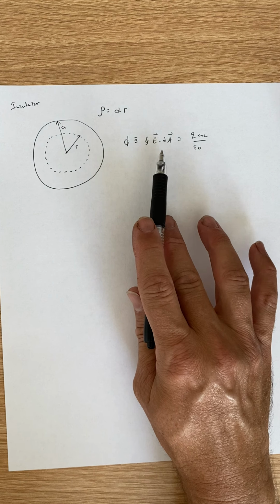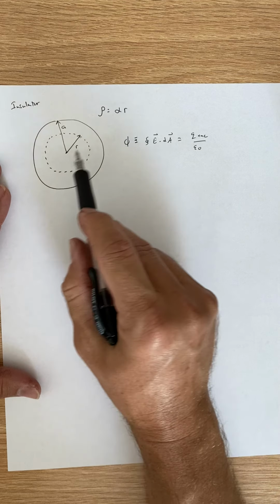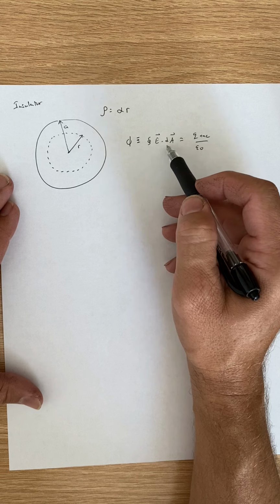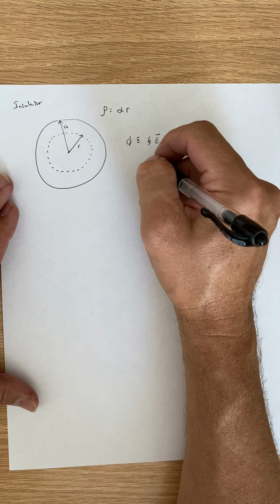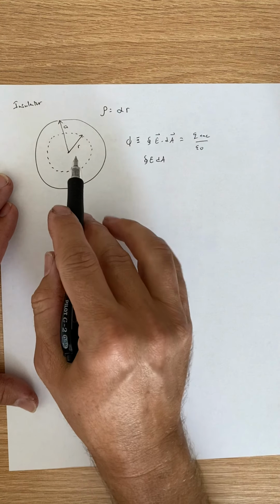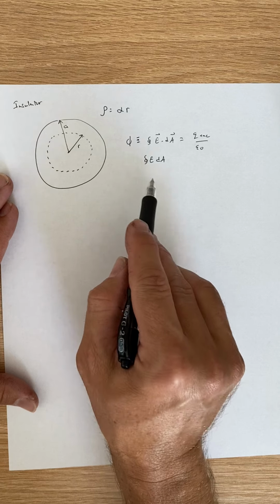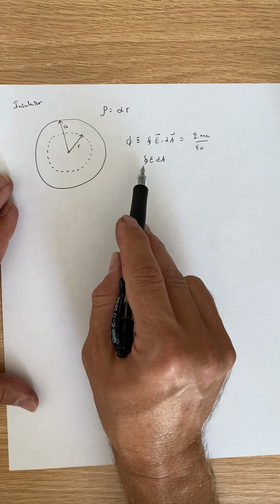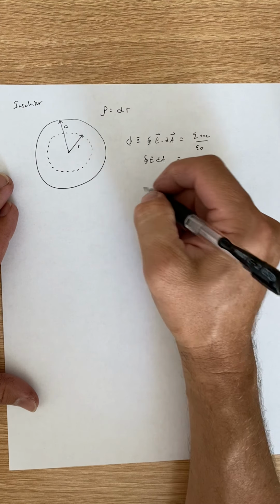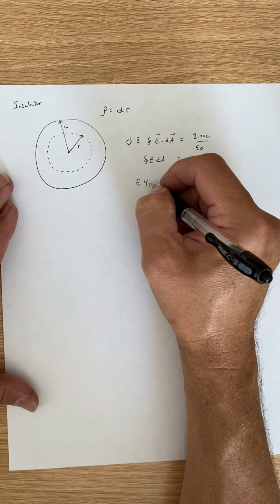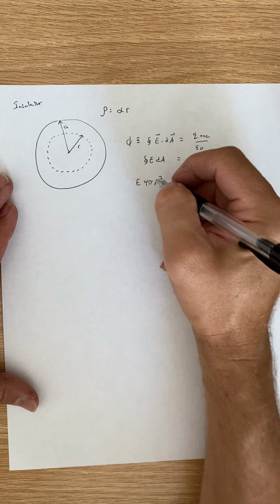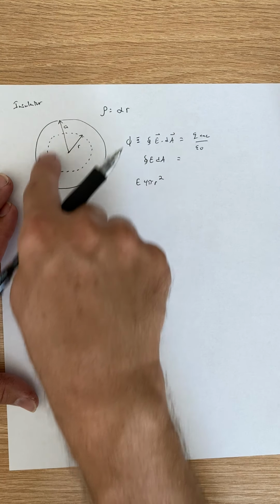E and dA are everywhere collinear, so E dot dA just becomes E dA, the integral of E dA. But as long as I'm at the same radius, E is constant, comes out of the integral, and I'm left with just E times the area, and I know the area of a sphere. It's 4 pi r squared, where r is the radius of my Gaussian sphere.